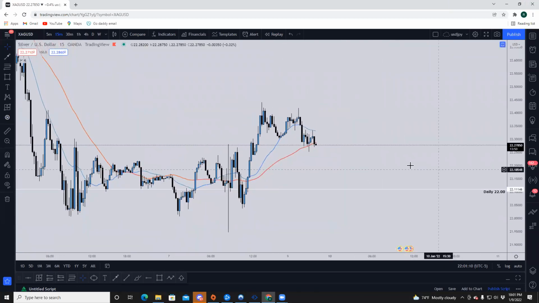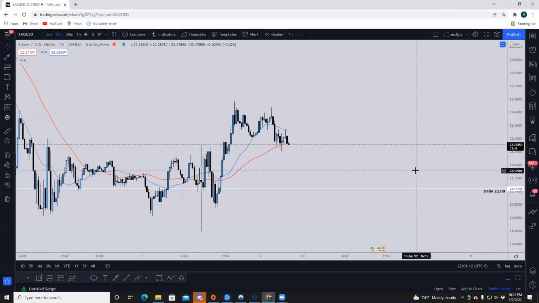I tend to move my stop loss to break even, sometimes too soon. I typically wait until the trade is halfway or about 75% in my favor before I move my stop loss to break even.